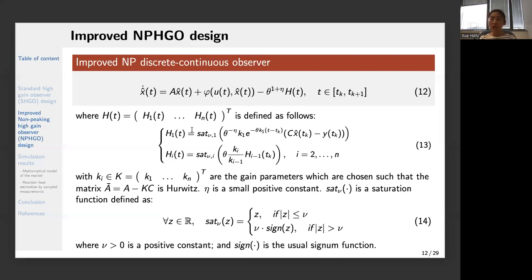Once the correction item is bigger than this interval, it will be limited to our correction interval. So here is the basic idea of the non-peaking high-gain observer. For the improvements of the high-gain observer, I didn't finish it, but I will finish this in the next few weeks. I will present some results first.